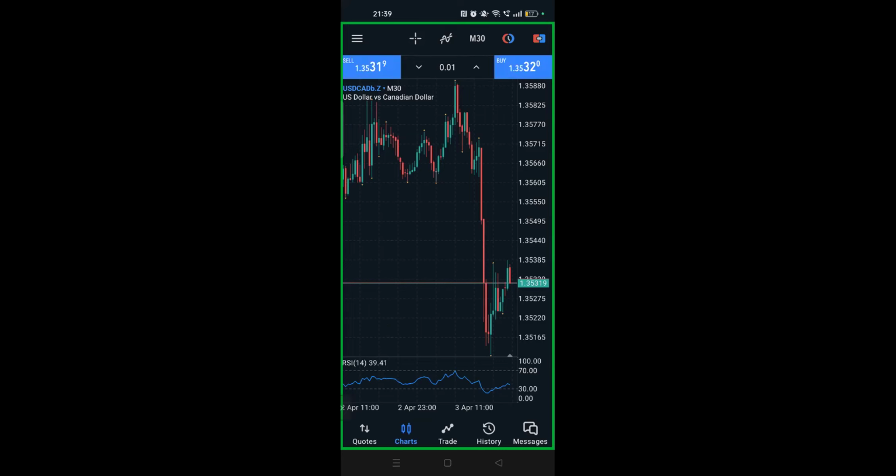Then we have M30. Click on the M30. The M30 over there only tells you that we are looking at the chart on the 30-minute time frame. Now, there are two ways you can change the time frame here. One is to click at the top where the M30 is, and the other is to touch the chart button. So press the charts.